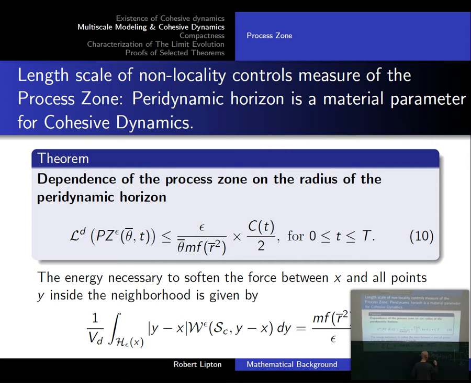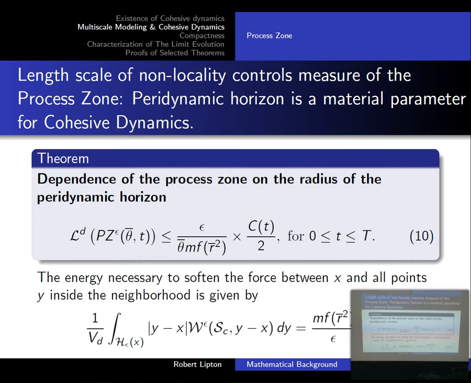Okay, so this was our potential. This is where the force begins to soften, right here. R bar is the root of this. R bar has everything to do with the strength, and so that's what's sitting in here.